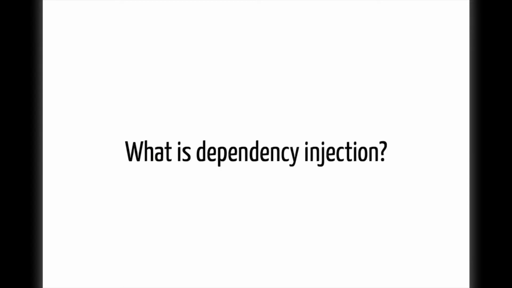What is dependency injection? In short, dependency injection is putting the required components into another component. So basically, instead of creating dependencies like the database connection or repository, we just pass them from the outer code, the outer scope.